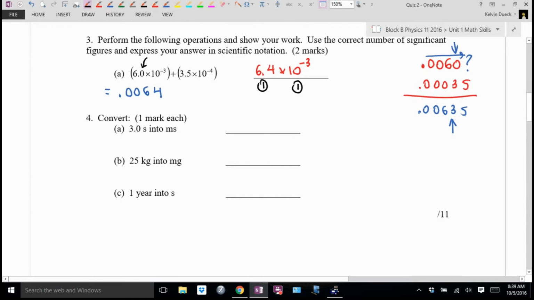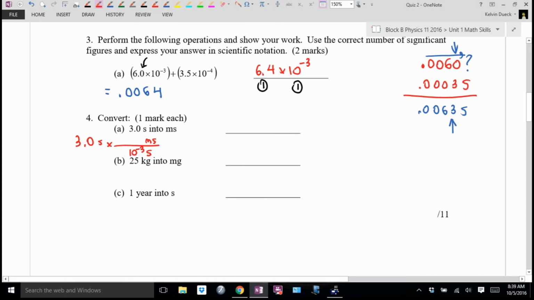Convert. So I write down what they gave me. I build a fraction chain. I want seconds to cancel. I want milliseconds left behind, except I can't write this. Again, milli, that little m, is the same as 10 to the -3. Where's it going to go? In front of the unit where there is no milli.